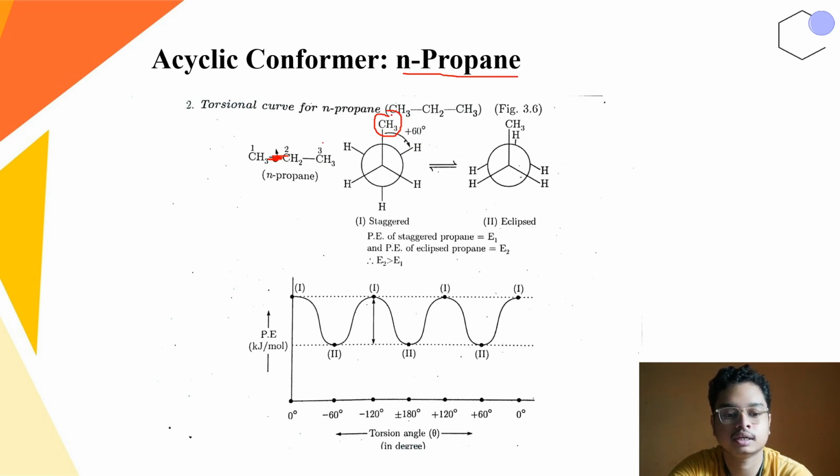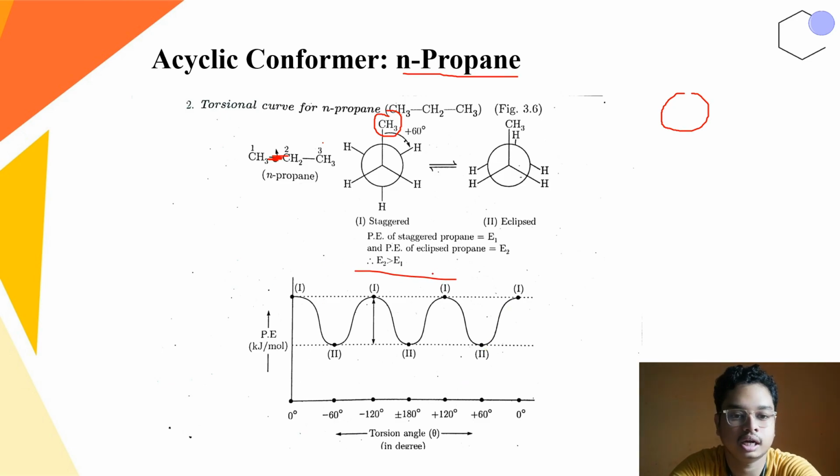Since this hydrogen can now be replaced by a methyl group, torsion strain as well as van der Waals strain is present here, because CH3 is much bulkier than H, and due to this the eclipse conformer has a higher energy value than staggered. So it also contains two different conformers, eclipse and staggered. After rotating the molecule by 60 degrees, we get the alternate eclipse and staggered conformers.